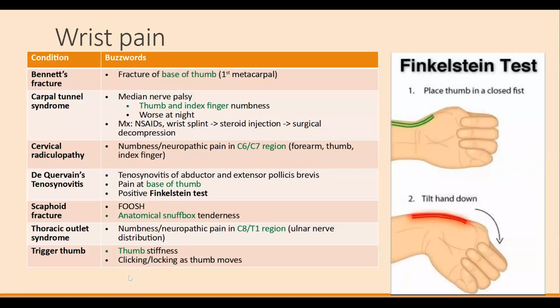So it's just a slight difference, really. But yeah, thanks, Esther. One of the other main differences is the clicking/locking sensation, which would occur in trigger thumb, but wouldn't really occur in tenosynovitis. You'd probably just get pain.